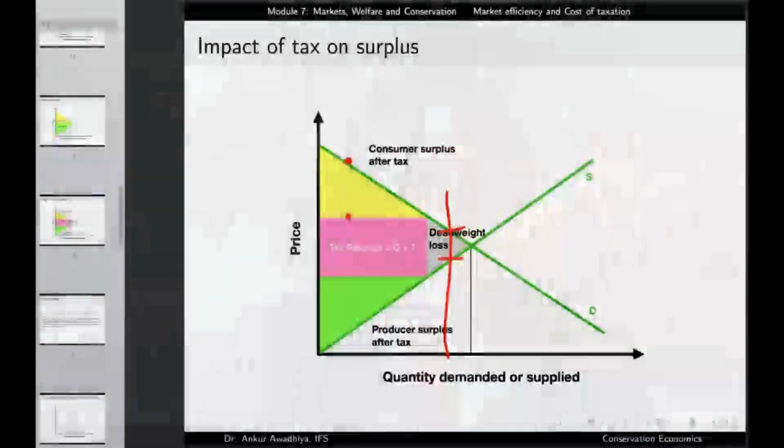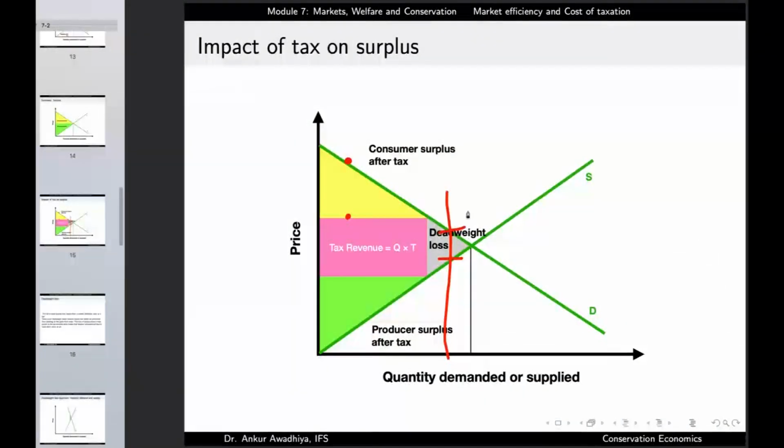But because of taxation, it is now no longer lucrative for the seller to produce the good at this quantity, at this high cost, because when the seller has to pay the tax, the point with the tax would reach above the demand curve. So this transaction just does not occur in the market because of the tax.